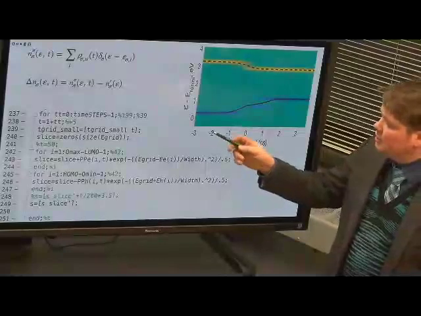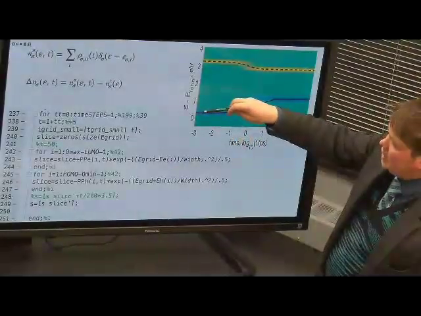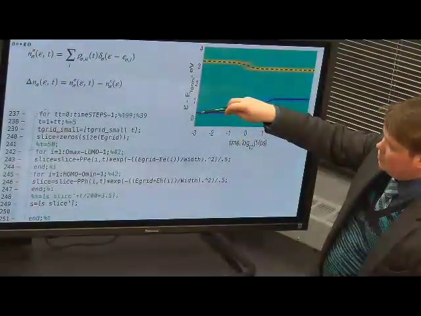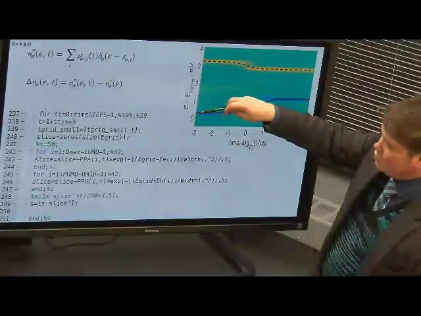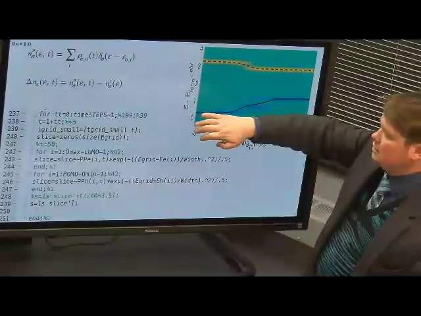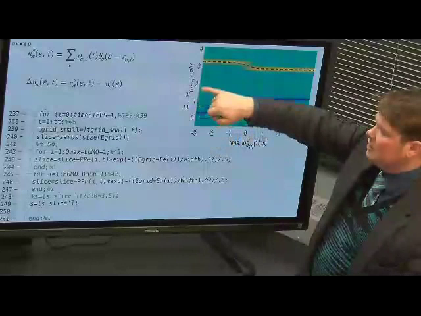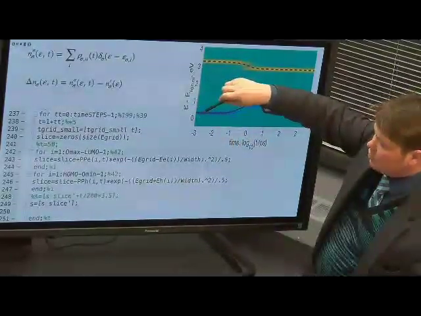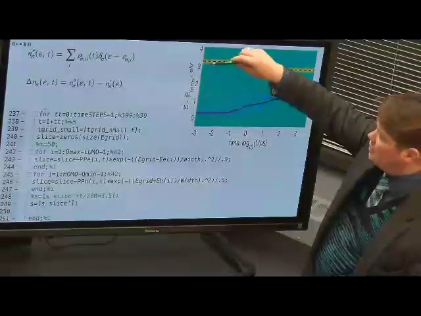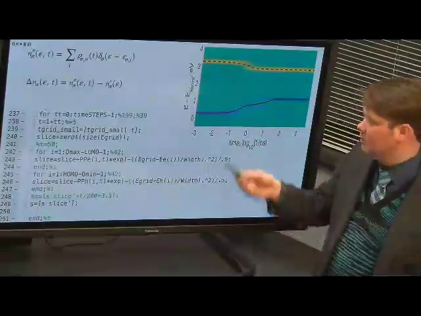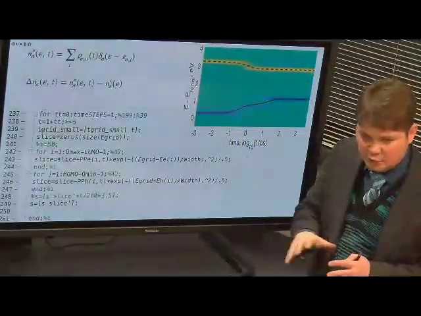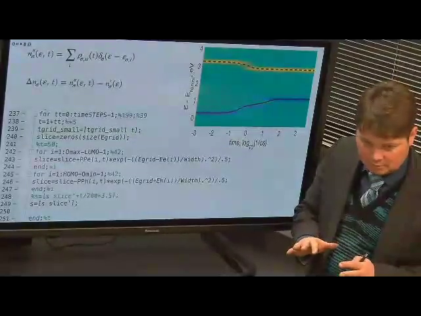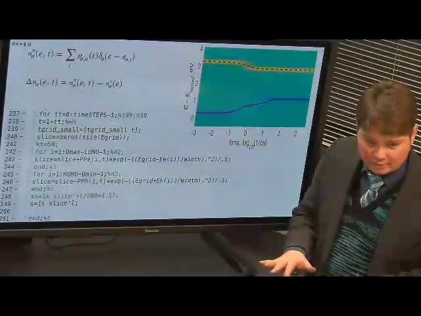So what does it mean? This corresponds to excitation at time 0. We take an electron from an occupied orbital and promote it to unoccupied. The blue corresponds to absence of electron, yellow corresponds to presence of electron, and green means that the distribution is the same as for the ground state.